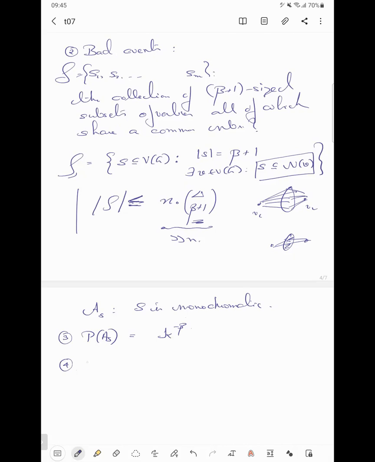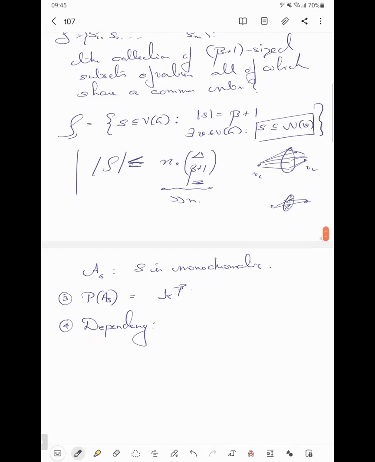I didn't fully work out this idea, I just got it recently. This delta into delta choose beta was what made me think of this. Like I was thinking about the dependency: you start from a vertex and then you go to its delta neighbors, and from there you're choosing beta from its neighbors.